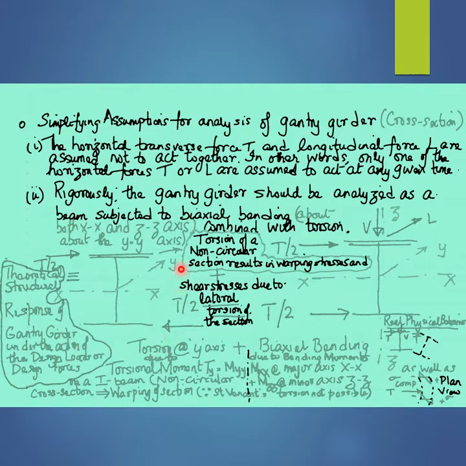The first of which is an antisymmetrical component as shown in the left figure on the slide, with antisymmetrical forces of magnitude T by 2 acting at the level of the top flange and bottom flange respectively, superimposed with the second component that are symmetrical components, both of magnitude equal to T by 2, acting on the top flange as well as the bottom flange of the gantry girder cross section.